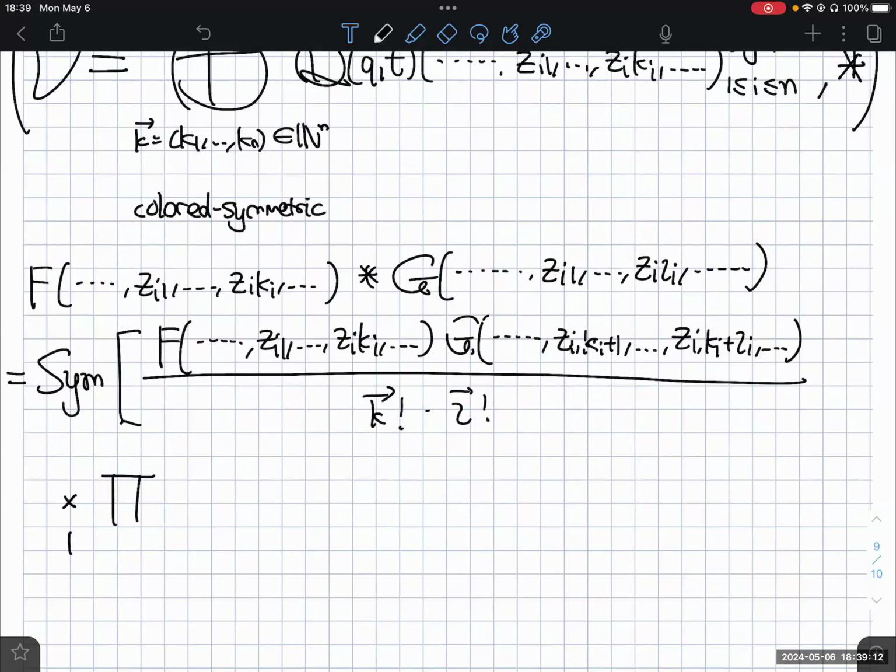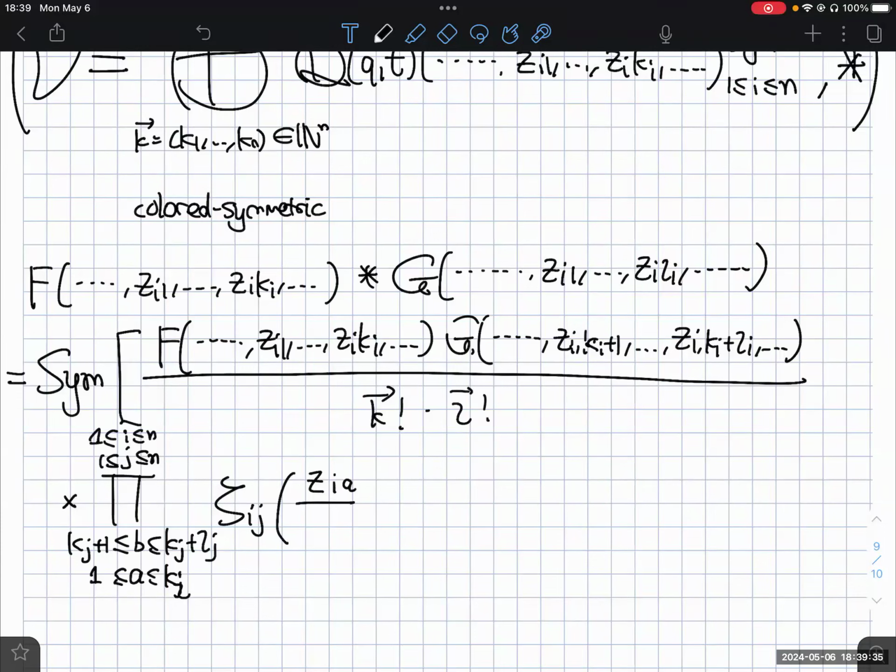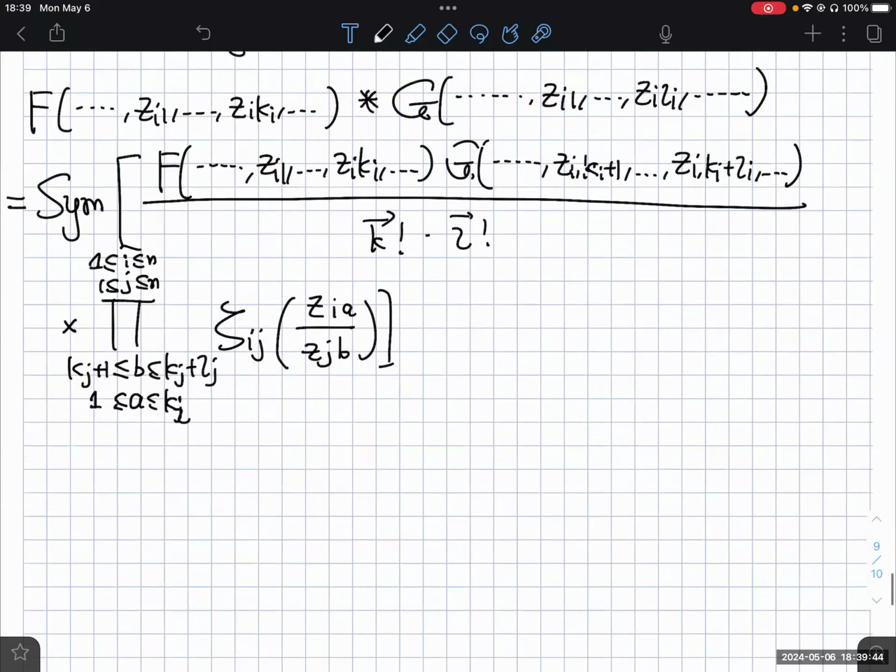It is twisted by the zeta functions over here. And this zeta function is just defined as the zeta function in the quantum toroidal algebra.